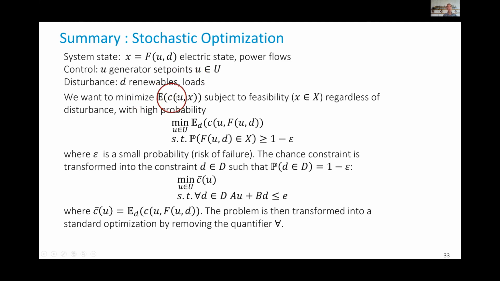Then we want to minimize the expected cost, subject to constraints that are made in the form of robust inequalities. And if we are able to linearize them, then we will have a problem that we know how to solve by now. So this change of the constraints from something probabilistic to something deterministic is called chance constraints. So we have constraints that are true with some probability.